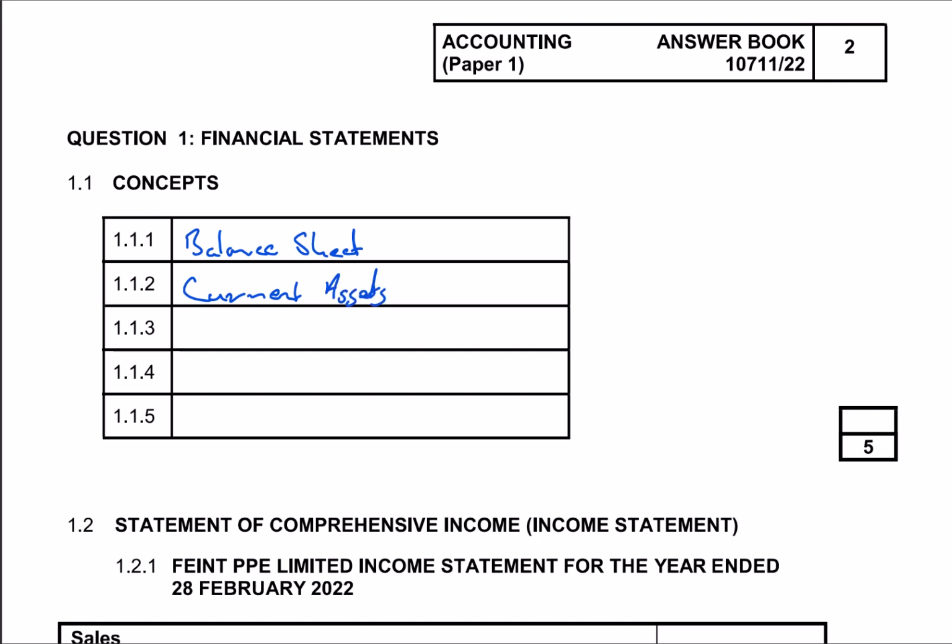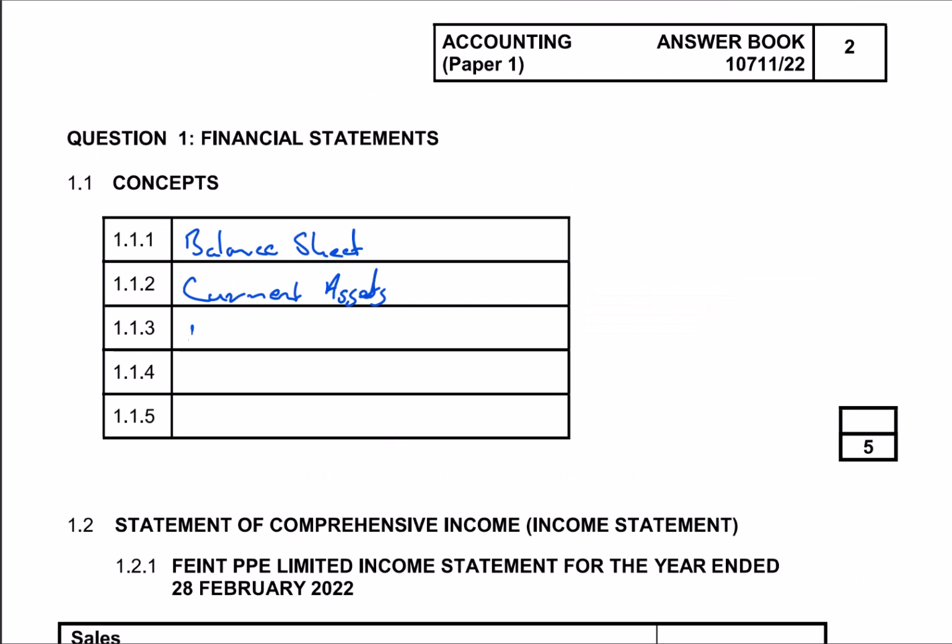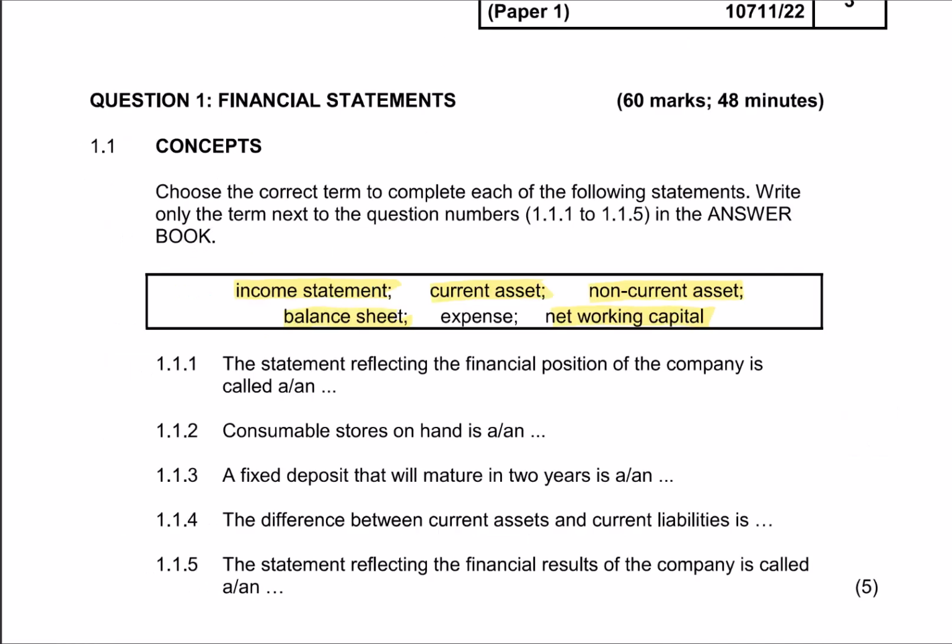Then 1.3 fixed deposit, non-current assets. Then the difference between net current assets and current liabilities, net working capital.